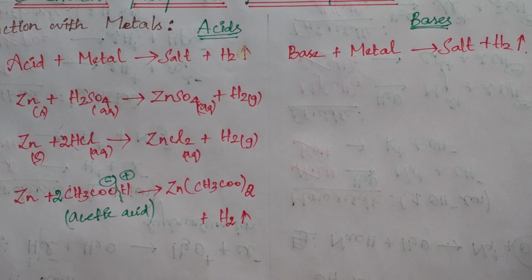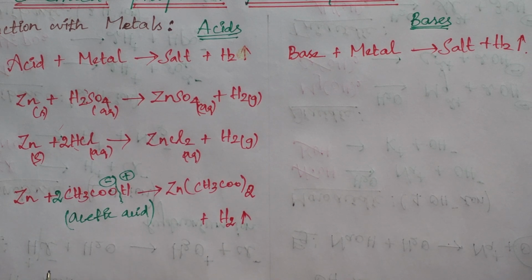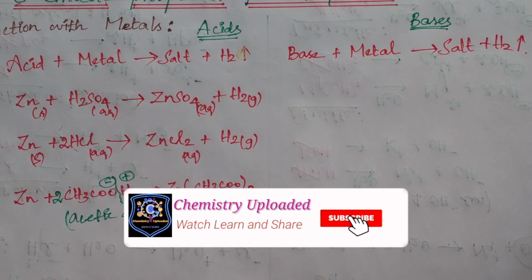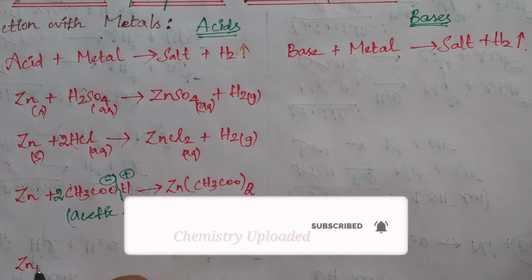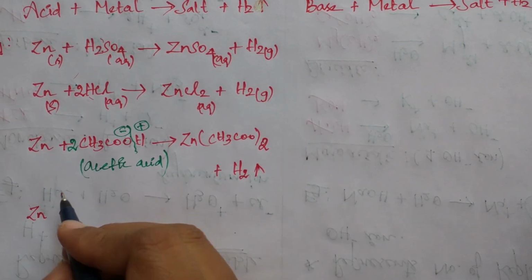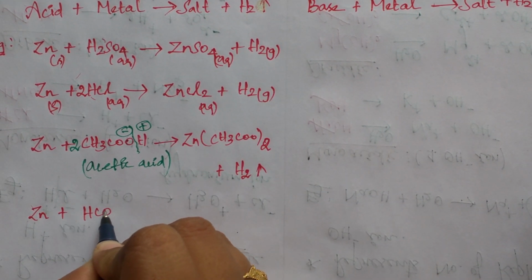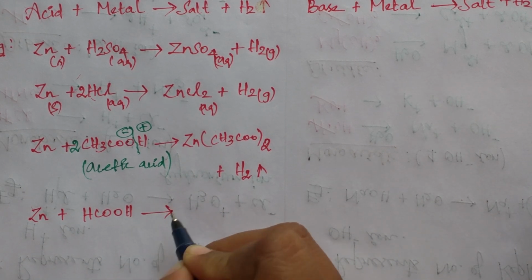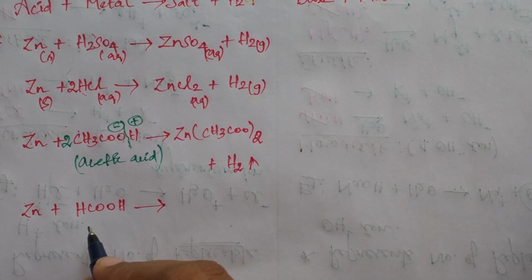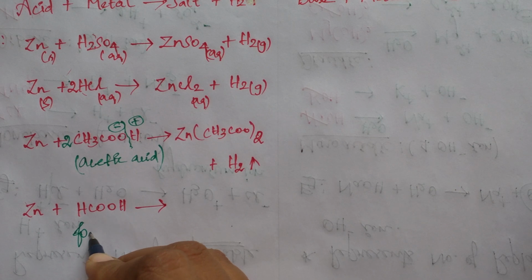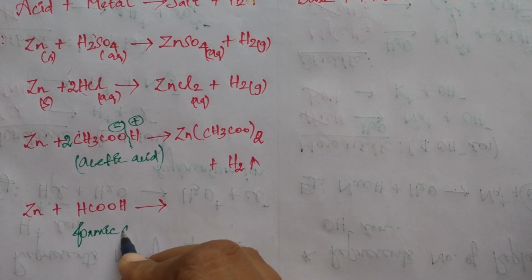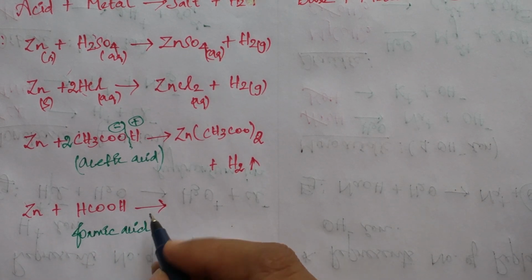Like that for formic acid. So formic acid is nothing but methanoic acid. That also you can take. Zn plus formic acid. This formic acid is nothing but methanoic acid. Formic acid is a common name.